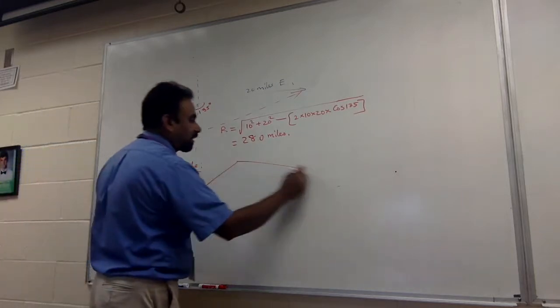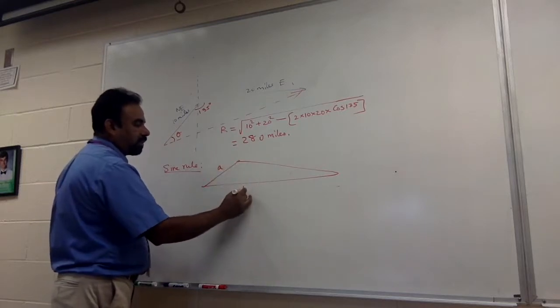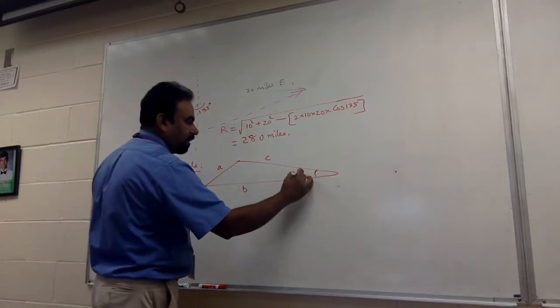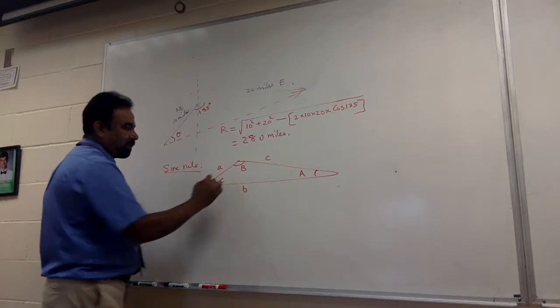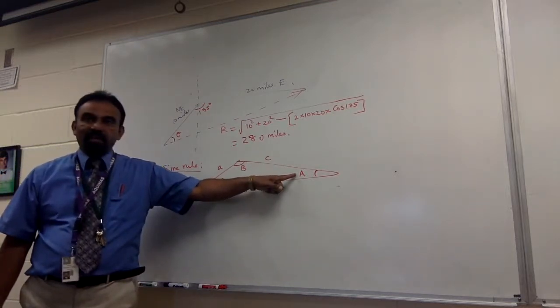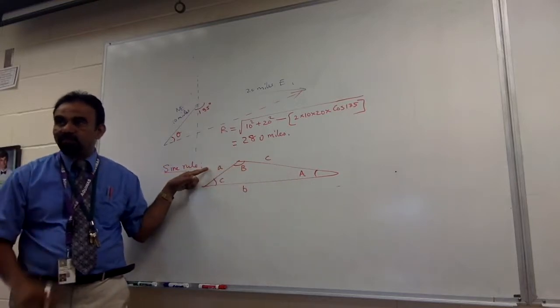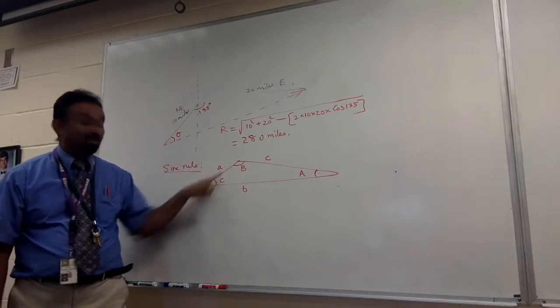So if you have a triangle like that, if this is A, this is B, this is C, and this is angle A, and this is angle B, and that is angle C. Can you see how I wrote it down? This is angle A, and the side that is exactly opposite of that is small a. And this is angle B, this is b. This is angle C, that is c.